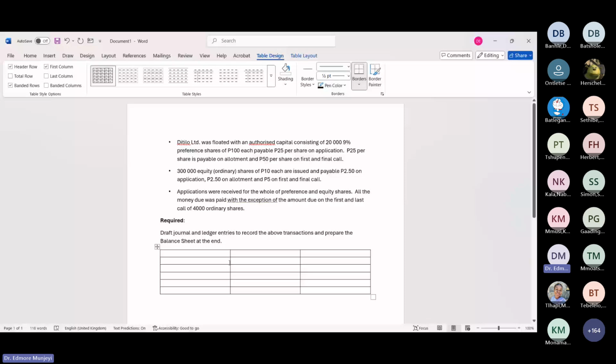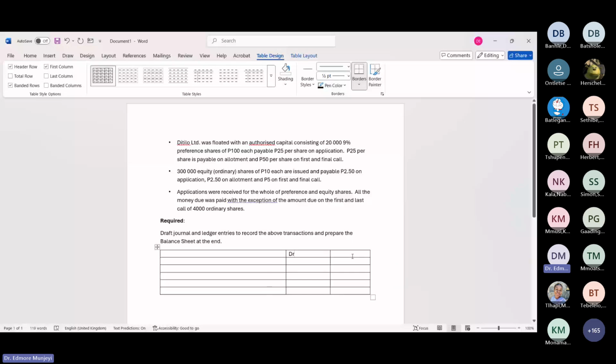We did the journals when we were doing our ACC 100. So I'm trying to create a space for journals here. Okay, so this is my debit side. This is my credit side.